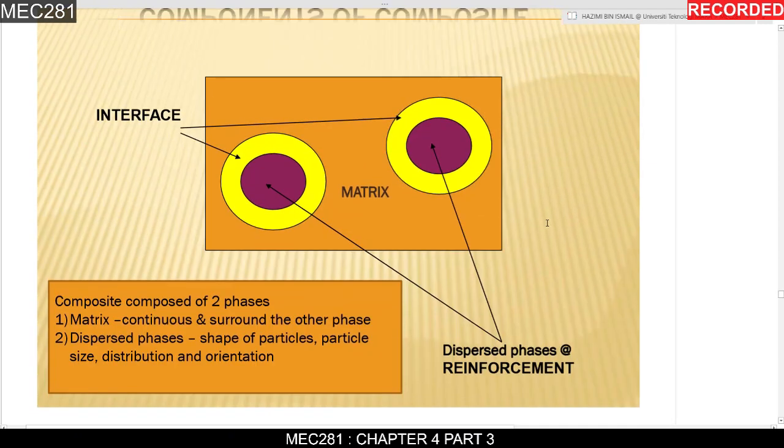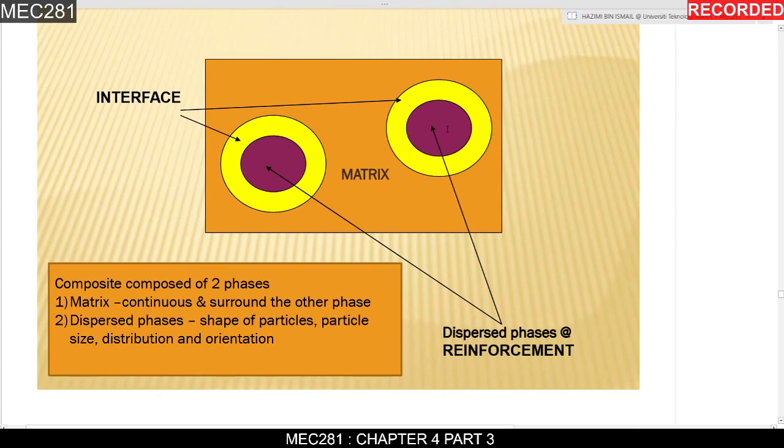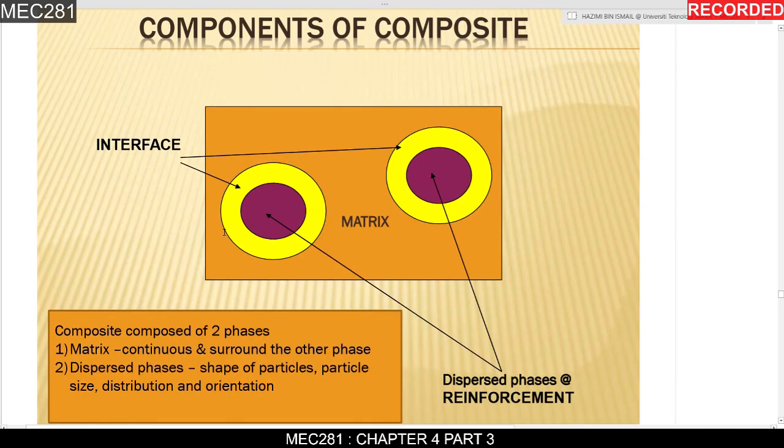Okay, ni kita nak faham macam mana composite tu lah. Matrix ni yang mengelilingi dia. So yang ni yang betul-betul yang dapat shape of particles, particle size, distribution and orientation. Okay, dalam bentuk partikel lah ni, dalam case particle.